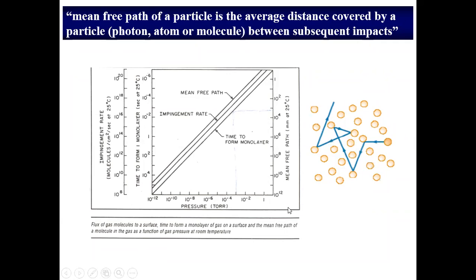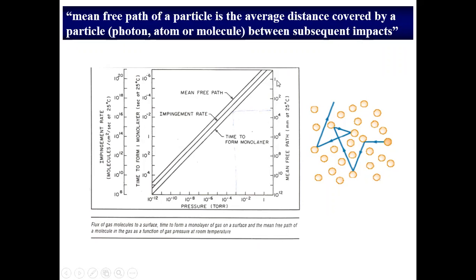I'm going to explain to you why, before collisions. This is the graph. On the y-axis you can look at the mean free path, and on the bottom side is the pressure. The lower the pressure, the higher the mean free path.